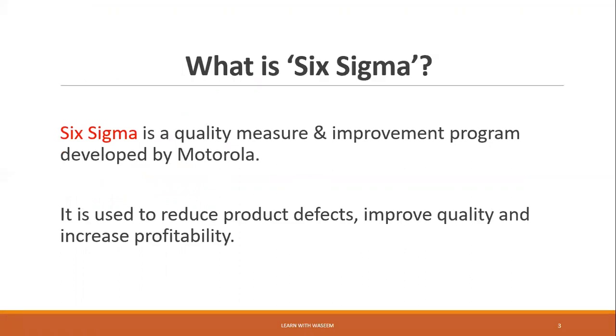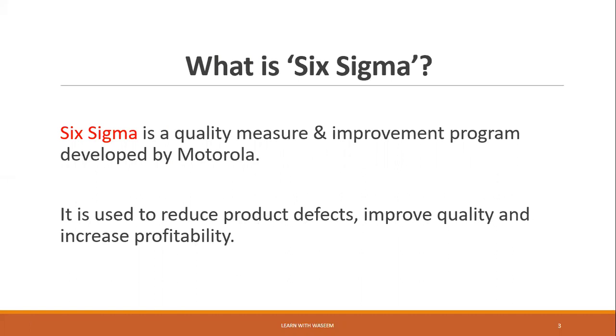So, what is Six Sigma? Six Sigma is a quality measure and improvement program which was developed by Motorola. It is used to reduce product defects, improve the quality, and increase the profitability. So Six Sigma is actually used in order to reduce the defects in the products that are produced in different organizations or companies.